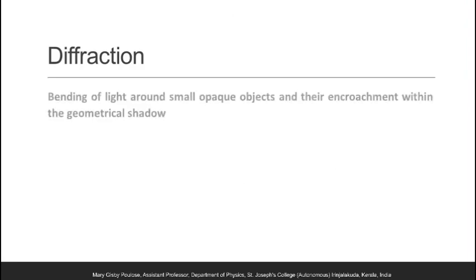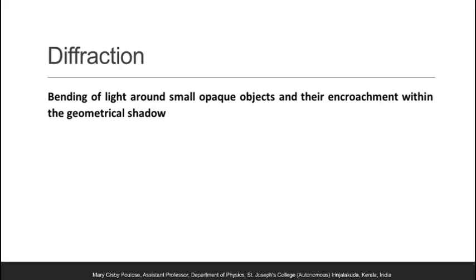Now let us look into what diffraction is. It is the bending of light around small opaque objects and their encroachment into the geometrical shadow. So if you have an opaque object and it is very small, when light falls upon it, naturally we assume that in the shadow region there will be no illumination.